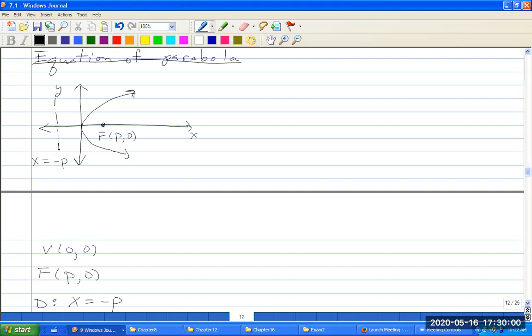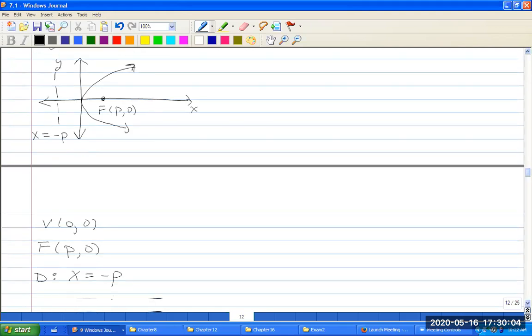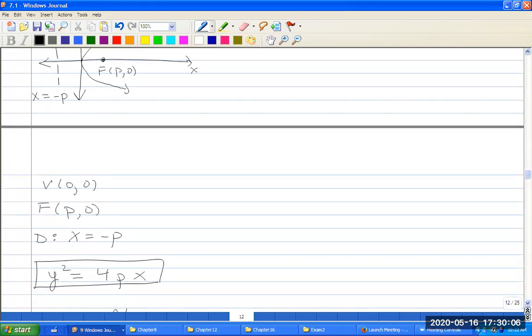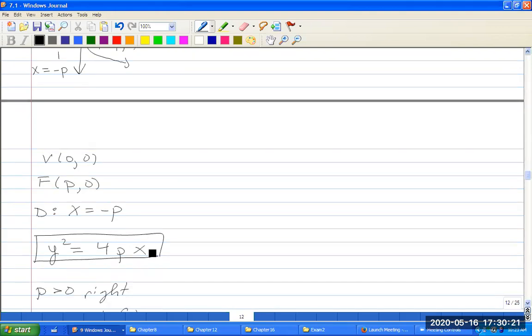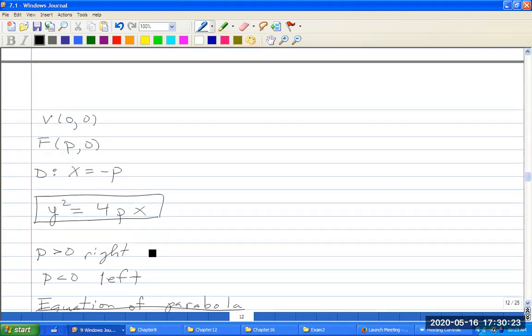The directrix is x equals negative p. Again, I'm not assuming p is greater than 0. Then by analogy, doing the same sort of calculation, I just interchange x and y. So I get that y squared equals 4px. And that's the equation of your parabola. If p is greater than 0, then it opens to the right. If p is less than 0, it opens to the left.